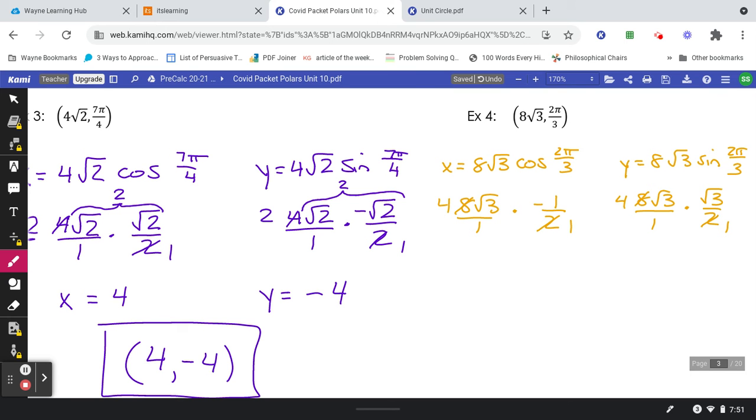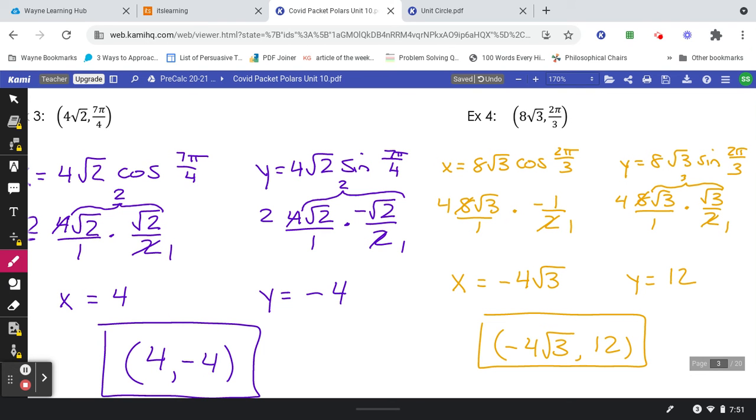Then here I have a 4, a negative 1, and a radical 3. I'll write that as negative 4 radical 3. And for the y, these 2 radical 3's come together to make 3. And then 4 times 3 makes 12. Write your final answer as an ordered pair, and you're done.